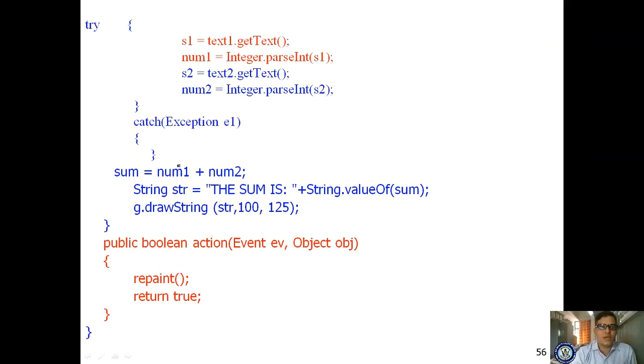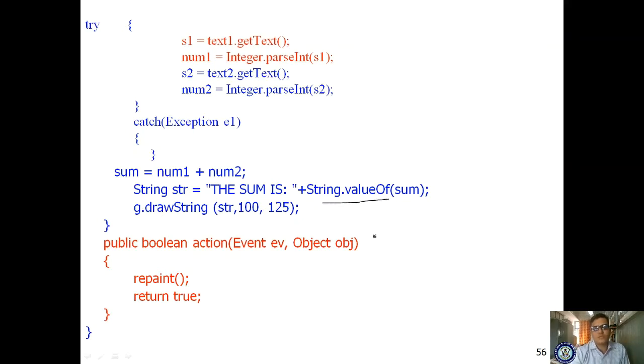On the catch block, if any error has occurred in the try block, it will be caught by the catch block. So catch Exception e. Now nothing is there; if you want to display anything you can write it. Now you're summing: sum is equal to num1 plus num2, and String str is equal to String.valueOf(sum).